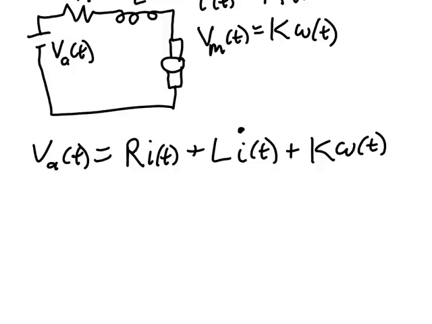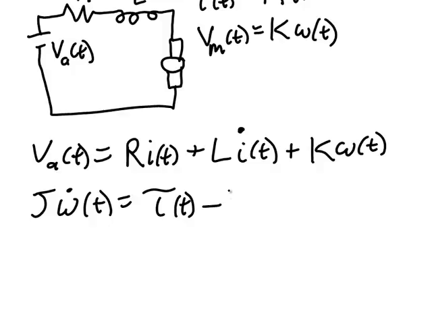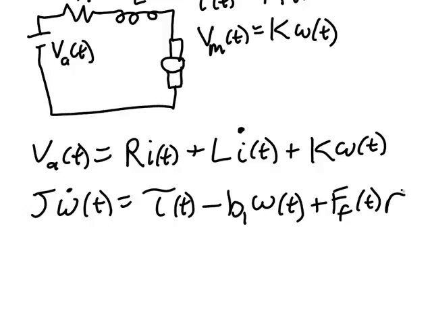The next thing we did is we summed the torques in the wheel, and so we said that J, that is the rotational inertia of the motor and the wheels together, times the rotational acceleration is equal to the torque of the motor, which is trying to get the wheels to turn forwards, minus some damping, which gives us a torque in the opposite direction, so it's negative, plus the force of friction times the radius of the wheels.